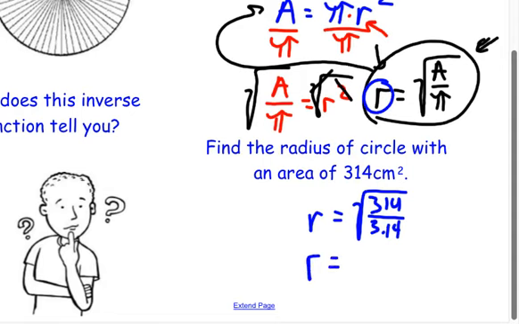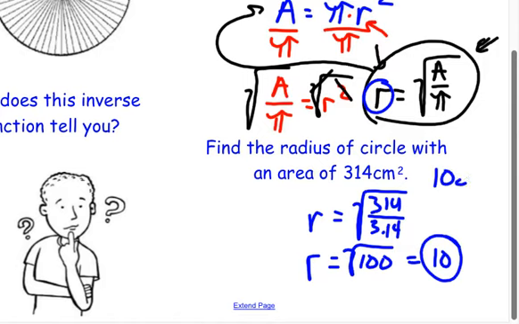So r equals, if you divided this out, the square root of 100, or in this case, 10. So our radius for the circle must be 10 centimeters. Very good. And you might get 9.9 if you divide by the pi symbol on your calculator. 9.9 rounds to 10 pretty easily.